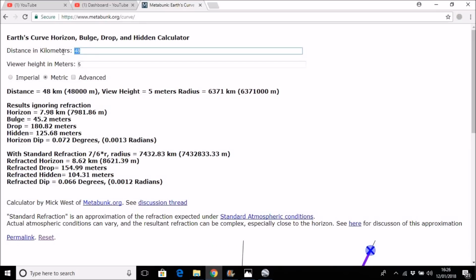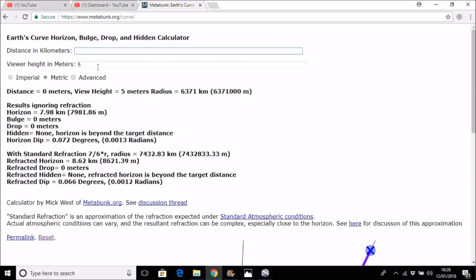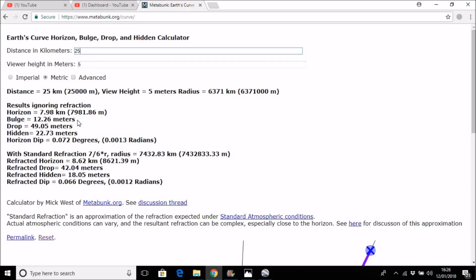So if we look at 32 kilometers, anything below 36, 37 meters should be hidden from our view. And we know, I'll show you in a second, that the highest land there is at 50 meters. So we would certainly be able to see some of it, but not all of it. At 25 kilometers, we're looking at 18 meters being hidden, and again we'd expect to be able to see some land.